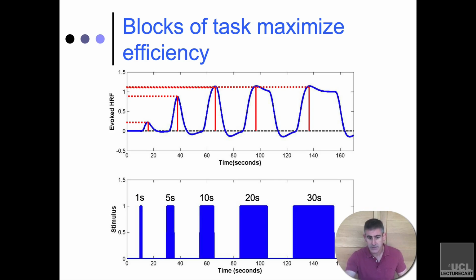So in other words, you can see that at 1 second you get a small change, at 5 seconds you get a larger change, at 10 seconds it's larger still, but not as much. And then by the time you get to 20 plus seconds, it doesn't change anymore. The height of that evoked response is the same.